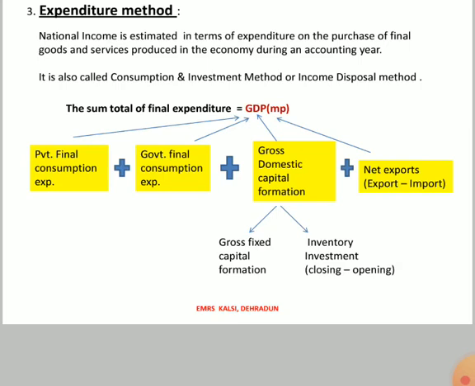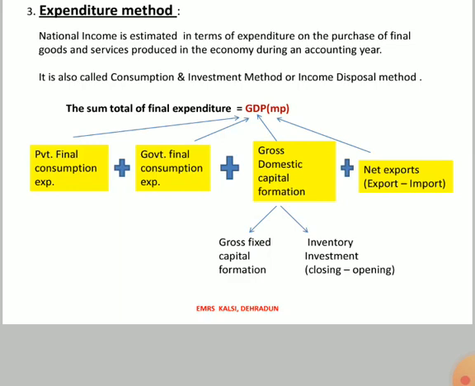Now let's see the brief description here. National income is estimated in terms of expenditure on purchase of final goods and services produced in the economy during an accounting year.